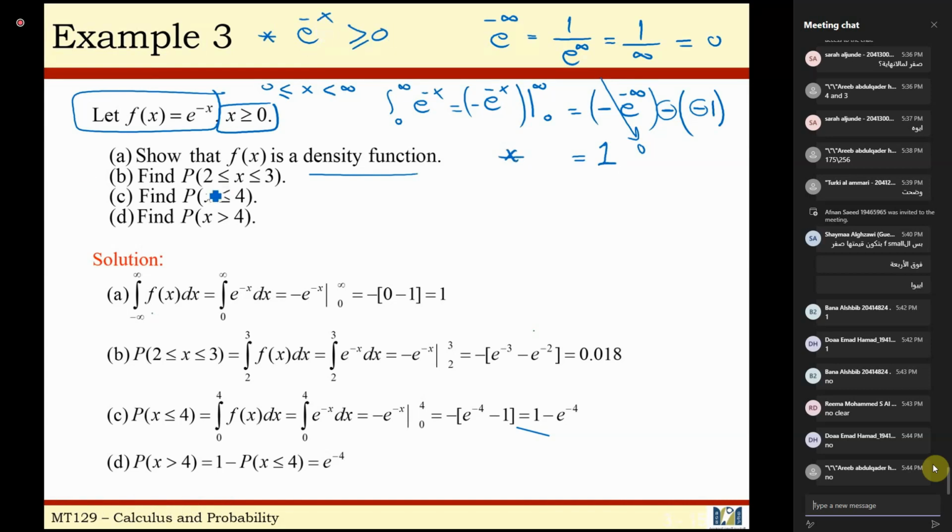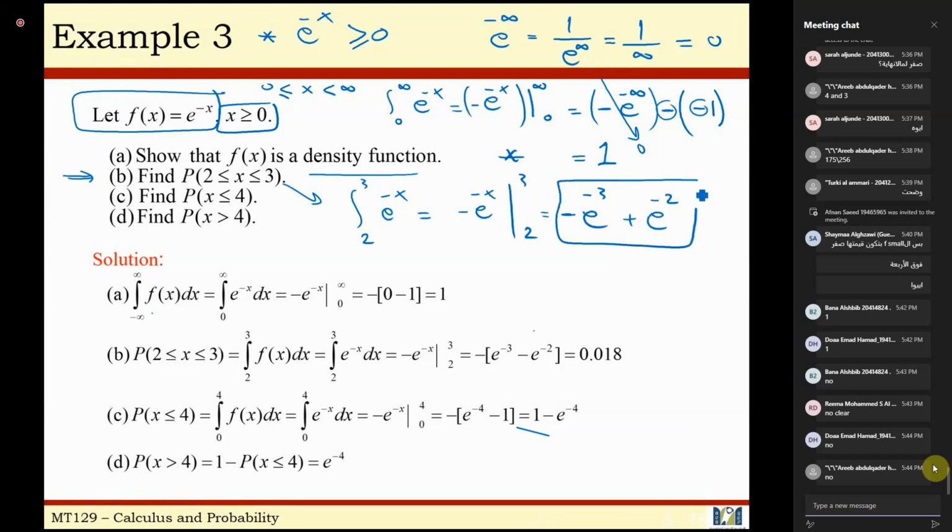To find, for example, the probability from 2 to 3, this is just the integral from 2 to 3 of e to the power minus x. So we have negative e to the power minus x, substitute 3 and 2. So we have negative e to the power negative 3 plus e to the power negative 2, like this.